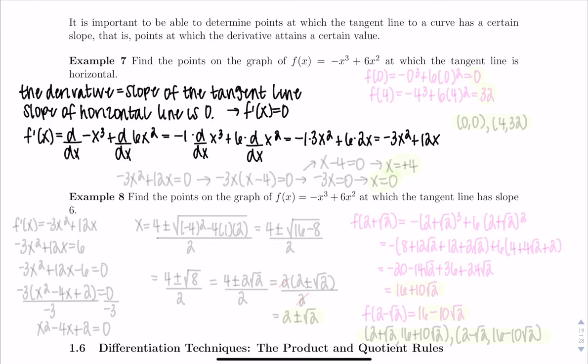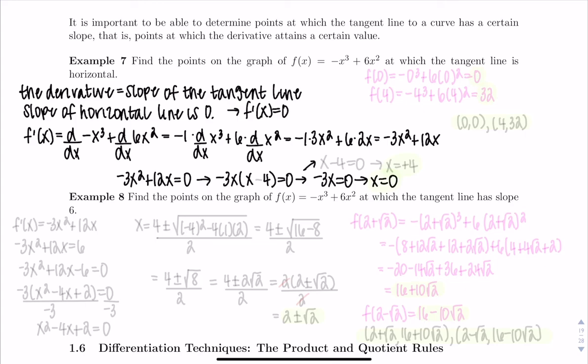Let's set that equal to 0. Negative 3x squared plus 12x equals 0. Well, we can take a negative 3x out of both pieces, and we're left with x plus 4 equals 0. And so we get negative 3x equals 0, or x equals 0.